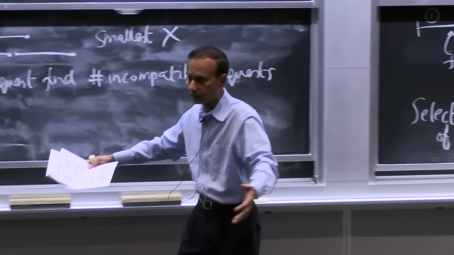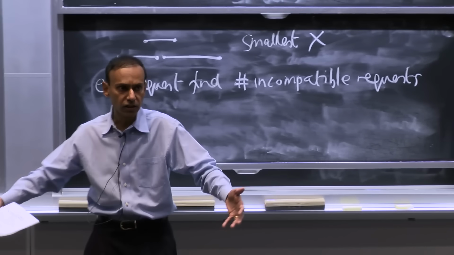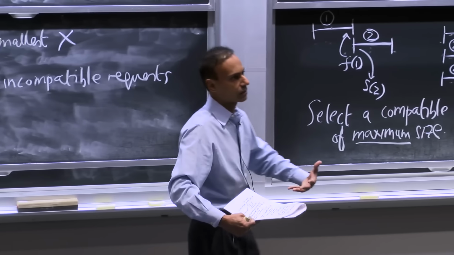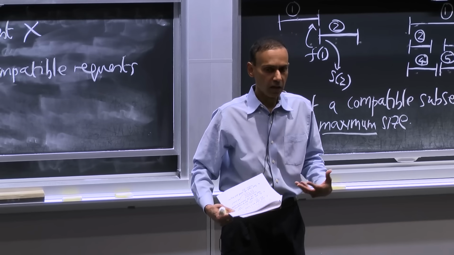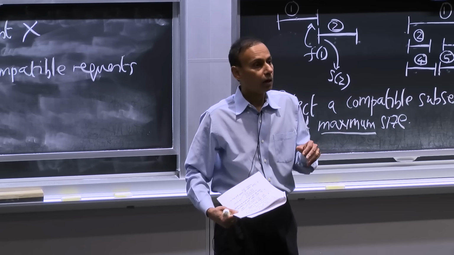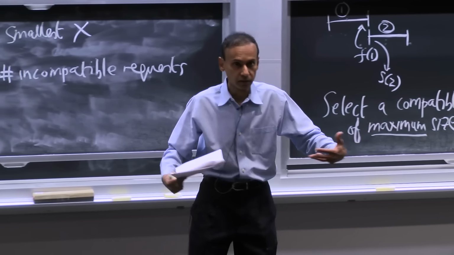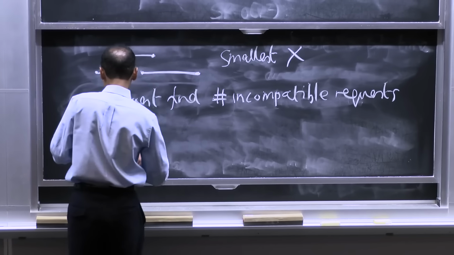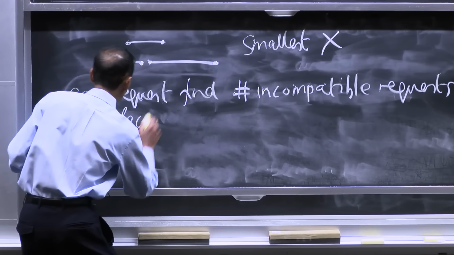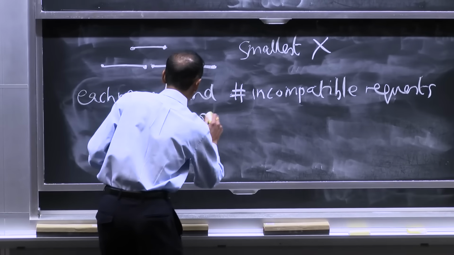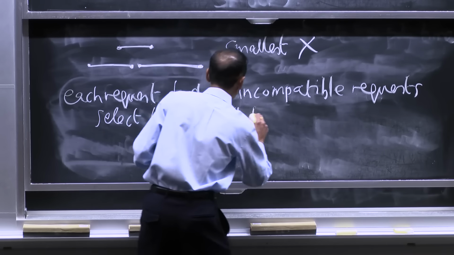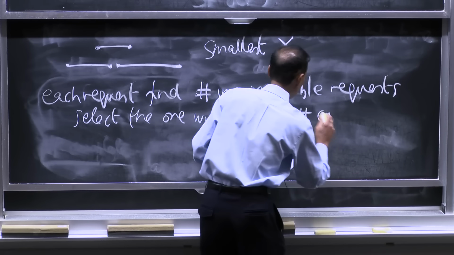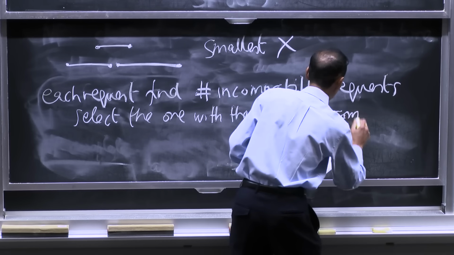And you can collect together numbers associated with how many incompatible requests a particular request has, and you say, well, let me use that as a heuristic, right? So for each request, find the number of incompatible requests, and select the one with the minimum number of incompatibles, right?